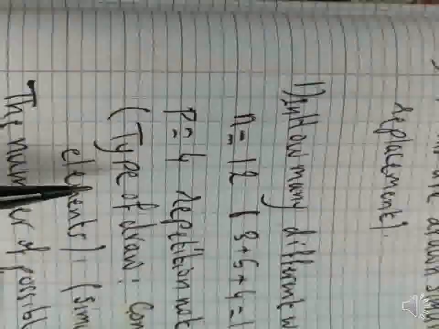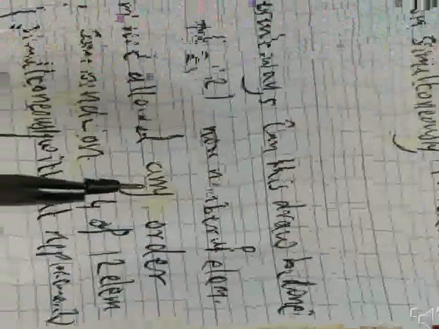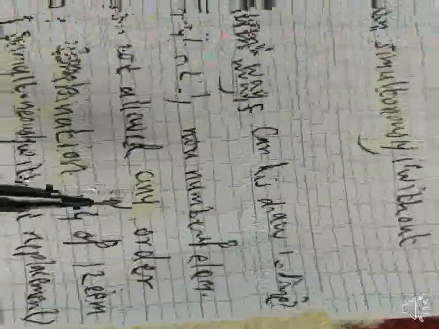In how many different ways can this draw be done? Let's see, N is 12. P is 4. Repetition not allowed. But the difference in this question from the preceding is that we have any order. The student, regardless of the order, it doesn't matter.